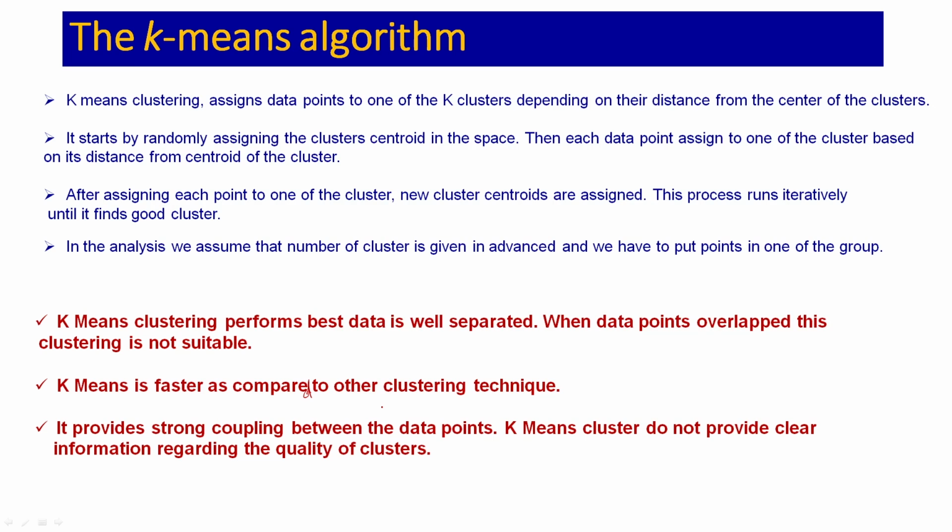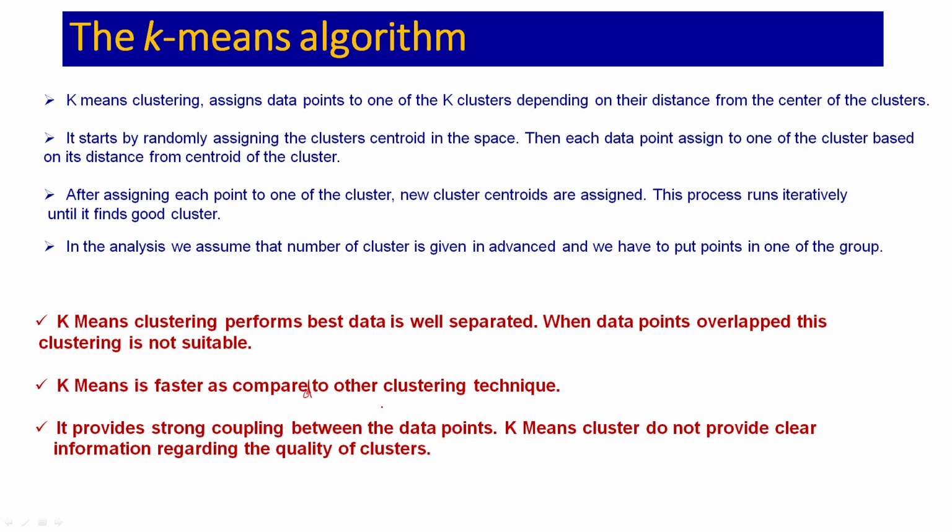And why is it used widely? Because it is very fast compared to any other clustering technique, very fast. It provides strong coupling between data points, but it does not provide clear information regarding the quality of the clusters, remember that one. But hierarchical clustering or density clustering can provide much better information on the quality of the clusters.